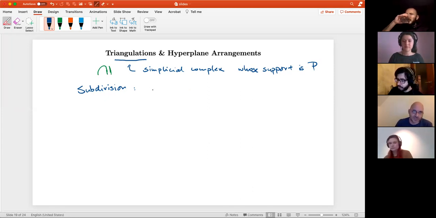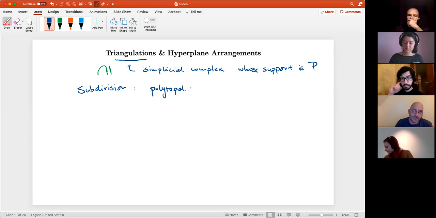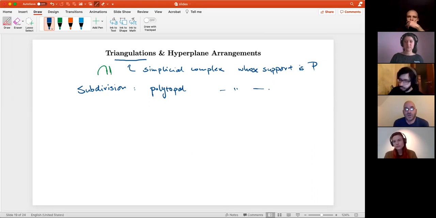So this is just a polytopal complex. I still want to include every face of every polytope in my collection in the complex, and I still want two polytopes to intersect in a common face.